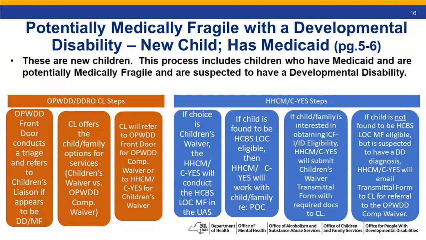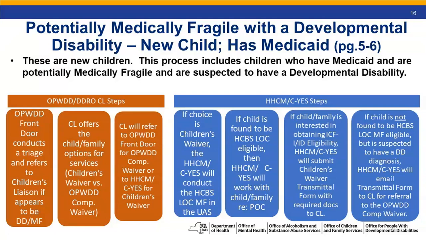The children's liaison will refer to OPWDD's front door to move forward with the process for the comprehensive waiver, or they will look up a list of health home care managers that's also listed in your DDRO manual and find one, reach out to them, or say yes if the family does not want comprehensive care management for access to the children's waiver to begin that process.